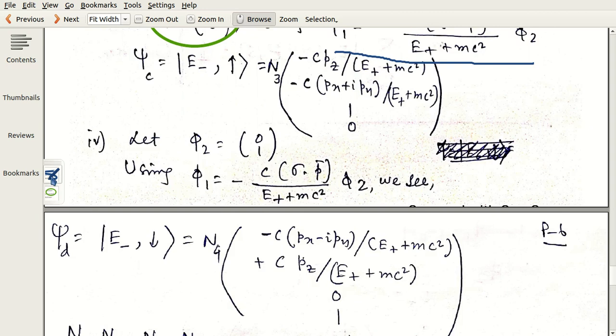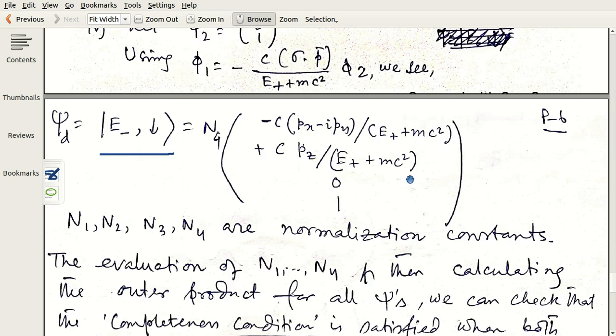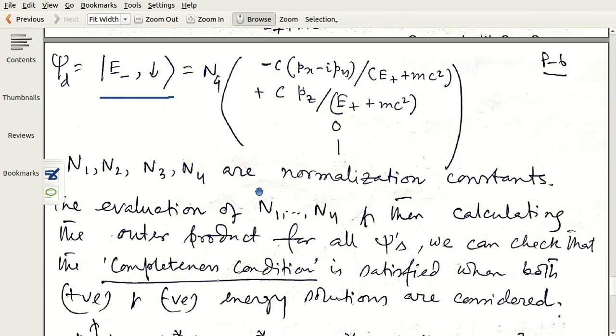And if you consider phi 2 as (0, 1), then you will get E minus and spin down. So these are all the solutions. The algebra is extremely simple, in fact, no complicacy whatsoever. So you just carry it out and you will obtain everything.